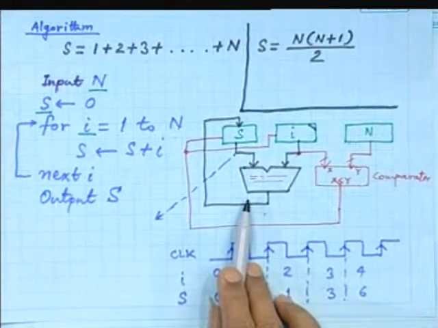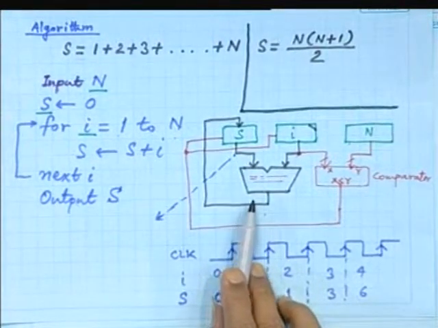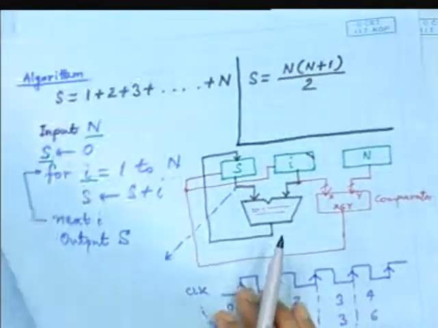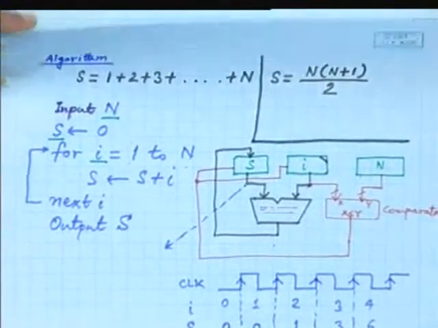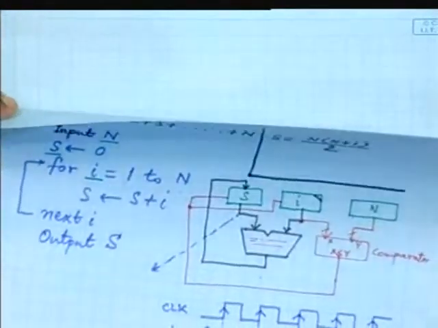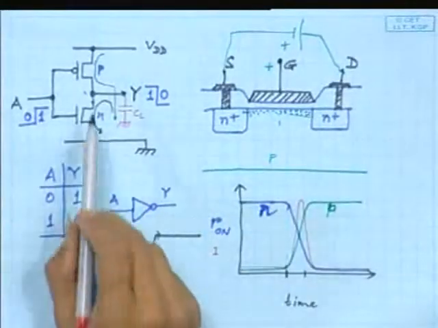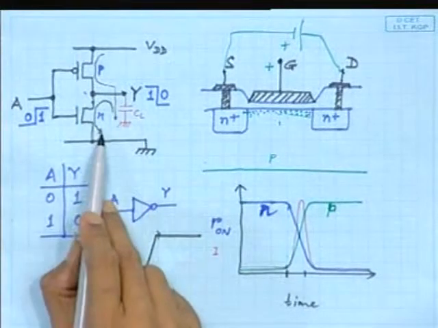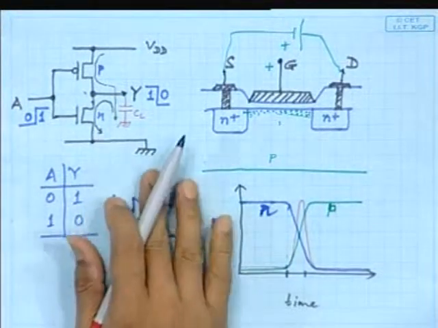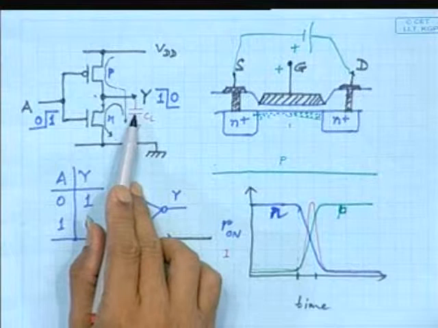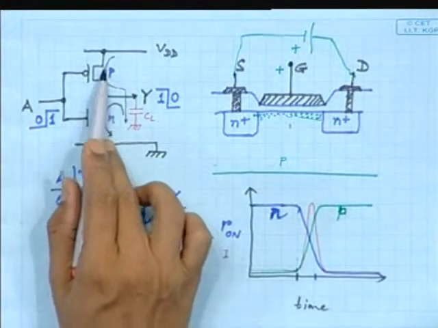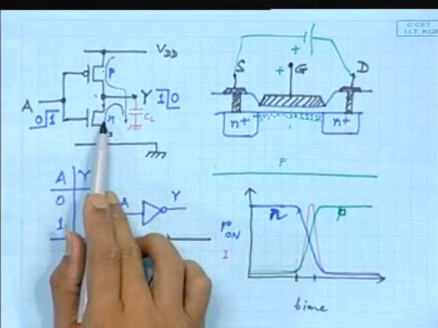If the gates are faster, so what do we mean by a faster gate? If you refer to the earlier diagram that we have drawn, this one, how quickly the capacitor can discharge through this. So this involves the load capacitance value as well as the resistance of the P channel or the N channel transistors.